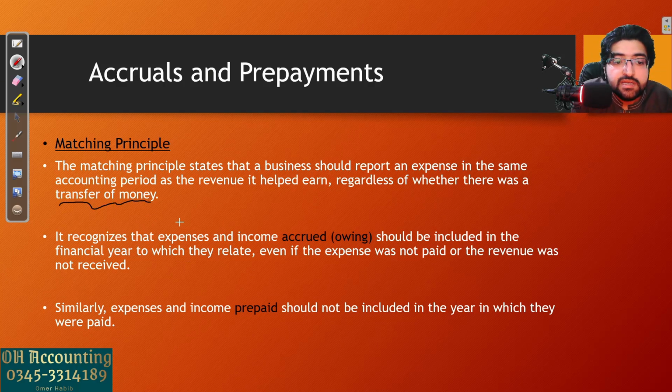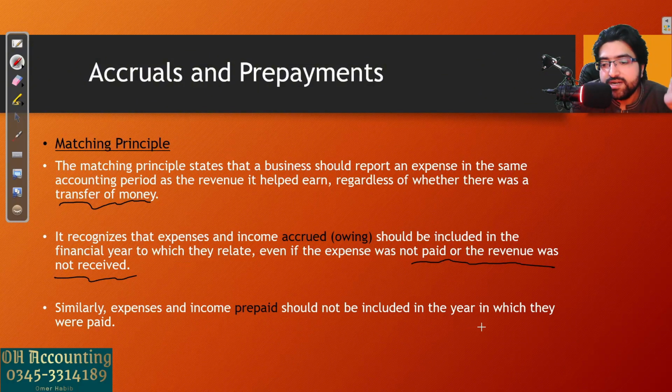See, it recognizes that expenses and income should be included in the financial year to which they relate, even if the expense was not paid or the revenue was not received. Similarly, expenses and income prepaid should not be included in the year in which they were paid. Okay, so that's what I explained to you.